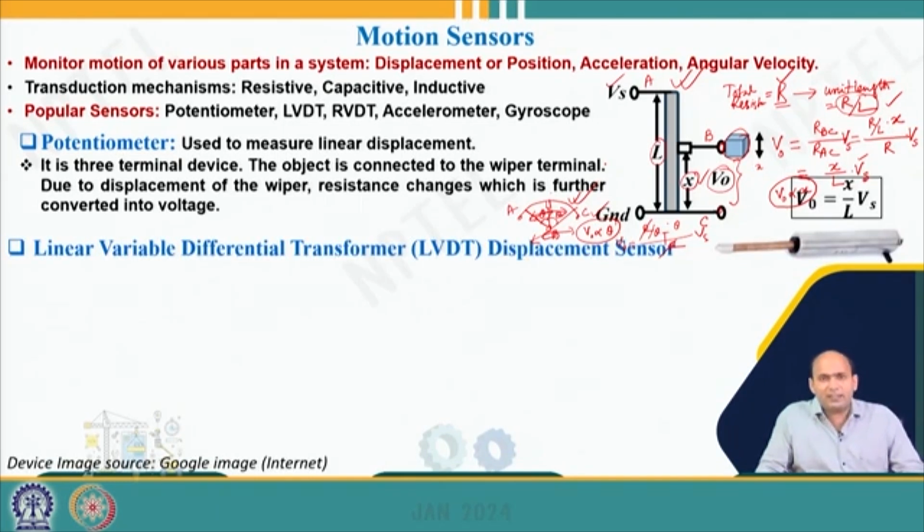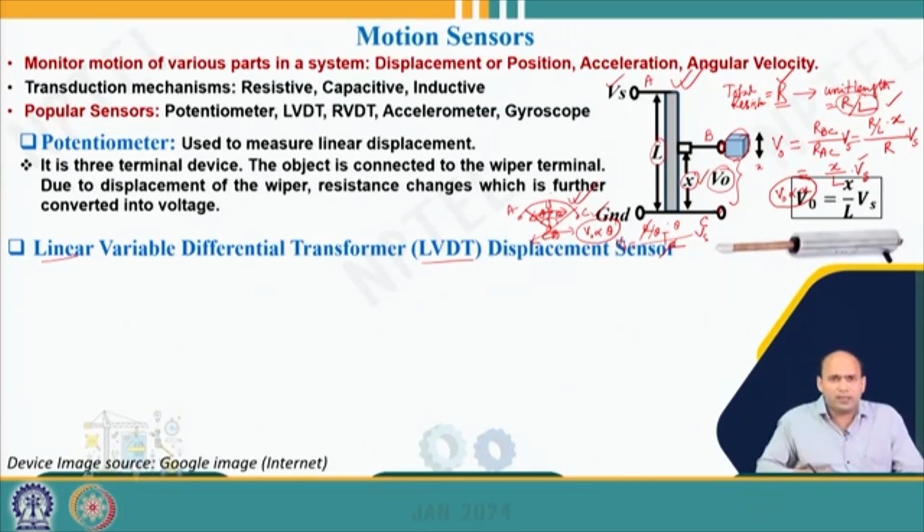So now let us move forward to the next sensor, where we will discuss the linear variable differential transformer, that is the LVDT. That is again one of the most important displacement sensors, and it has huge popularity in various embedded applications, right? From the name itself I can understand: linear variable differential transformer. So what do they mean? Linear means obviously that the input output characteristic will be linear.